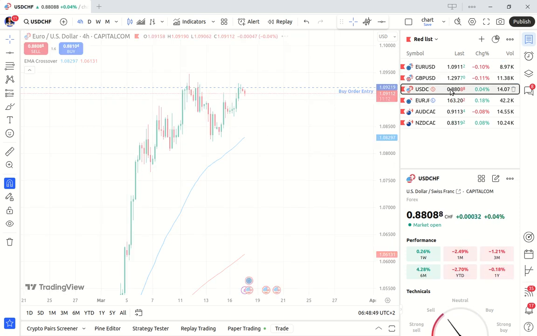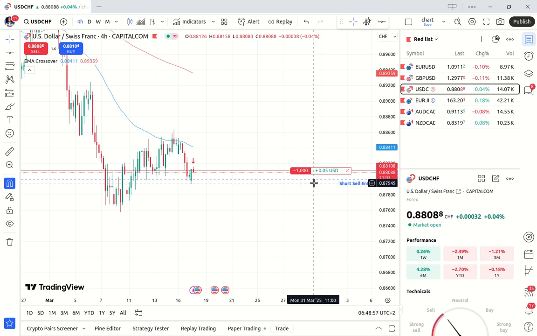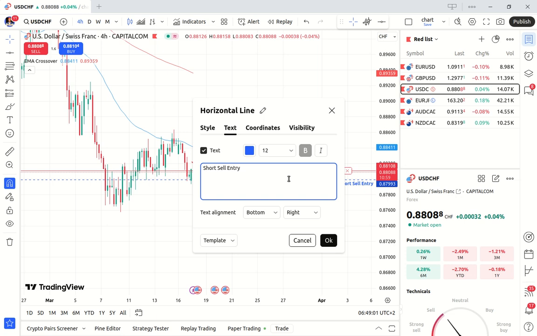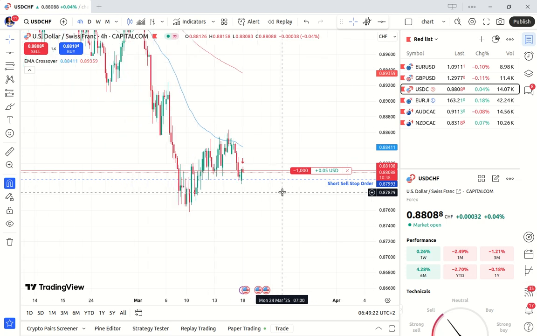So this one is definitely a short sell with a short sell stop order, meaning short sell stop. Here we go. There you go.